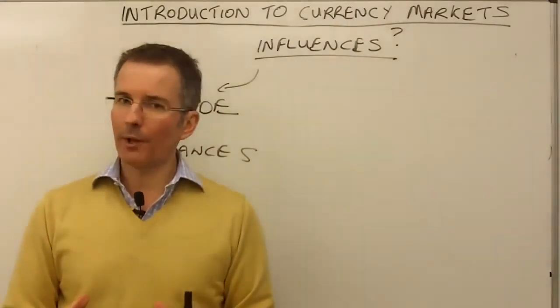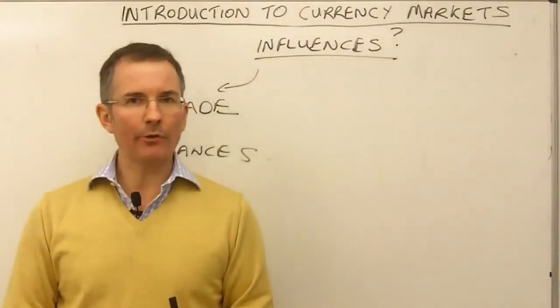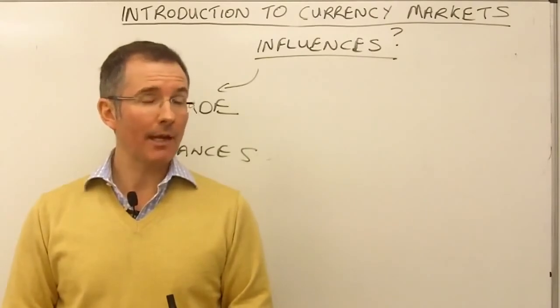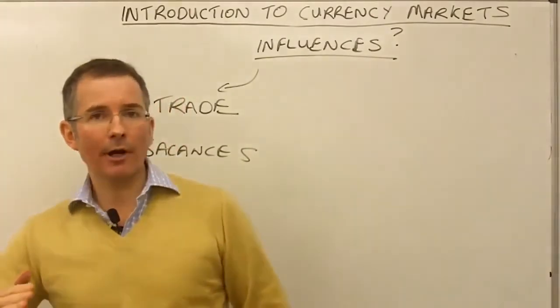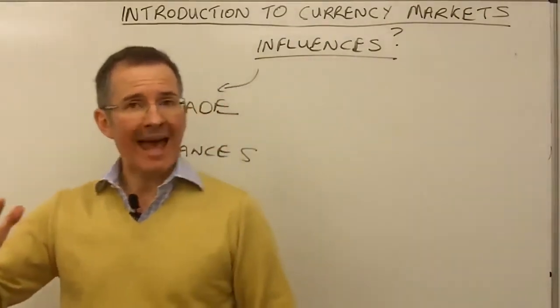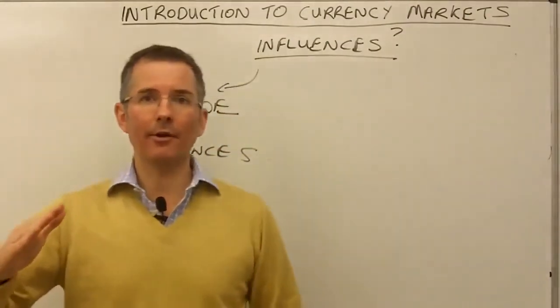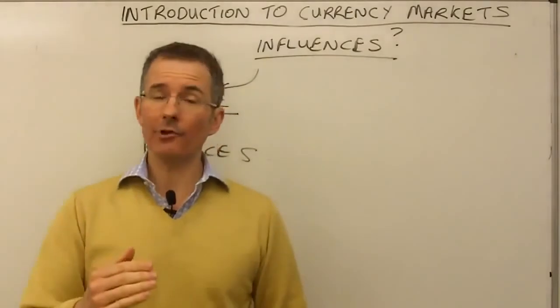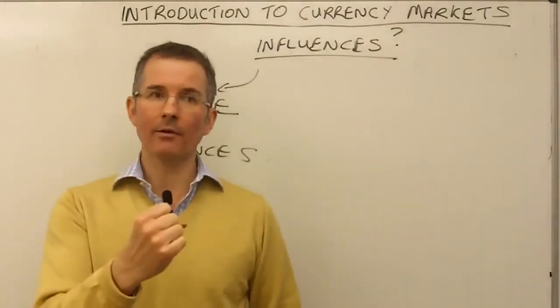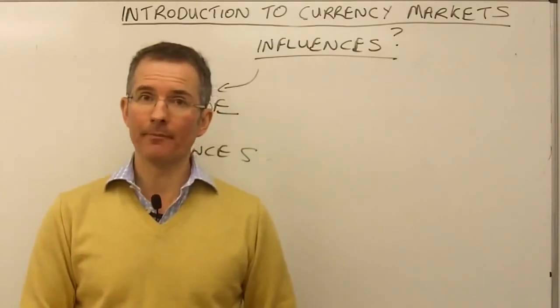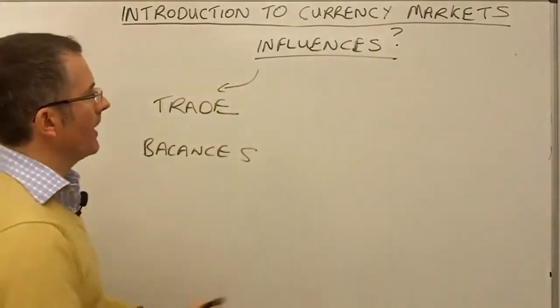To cut to the chase on this one, if lots of people want to buy American stuff, they need dollars to pay for it. So demand for a country's goods and services will tend to drive demand for its currency as well. And that tends to suggest that a successful economy will have a strong currency. And that's broadly speaking true. So that's one influence.